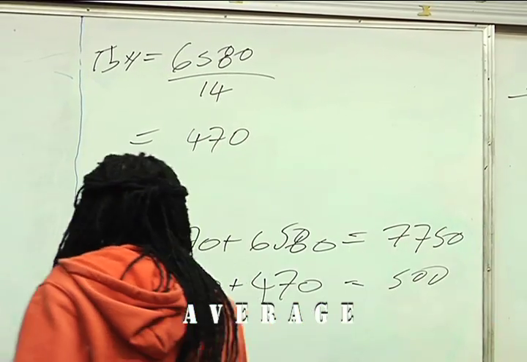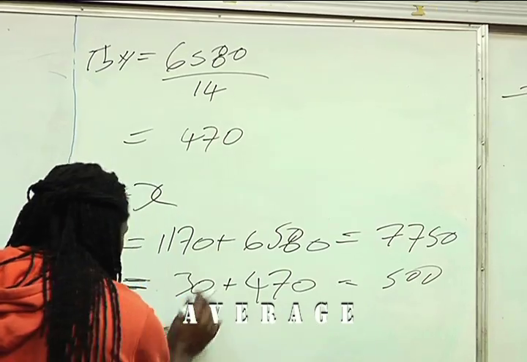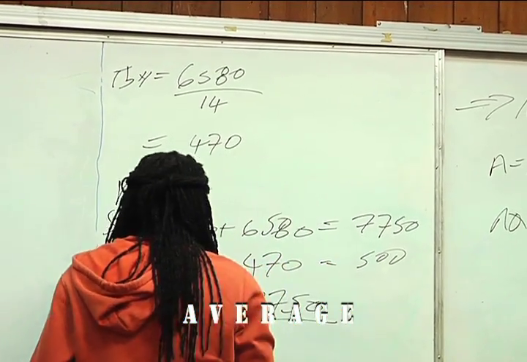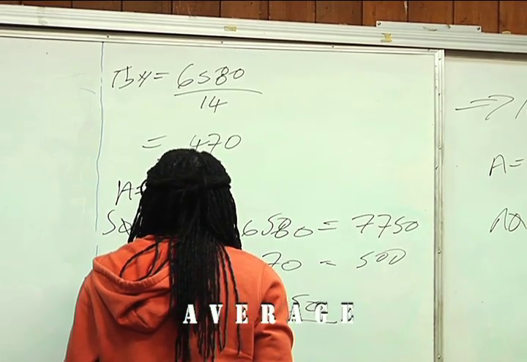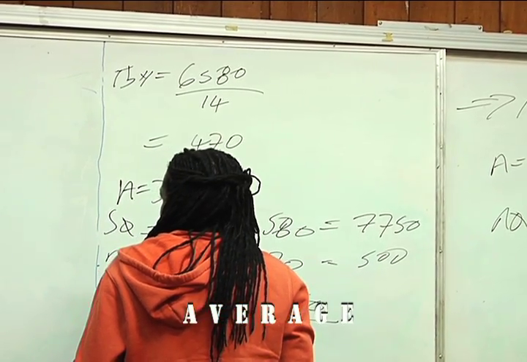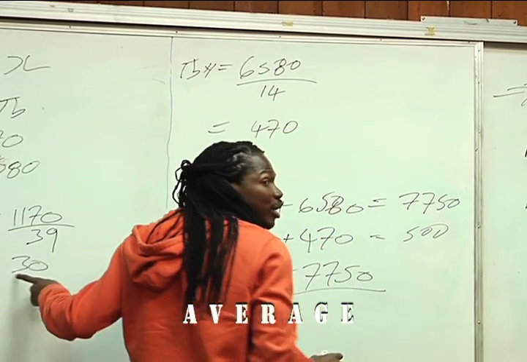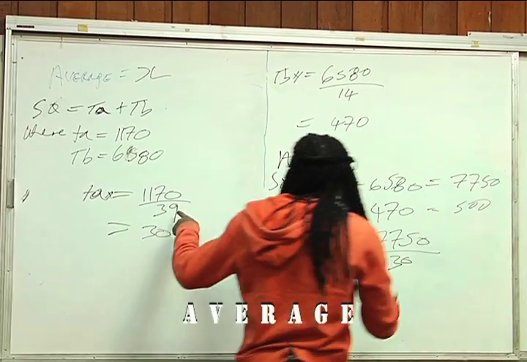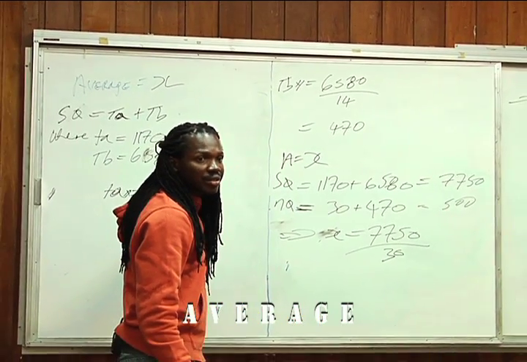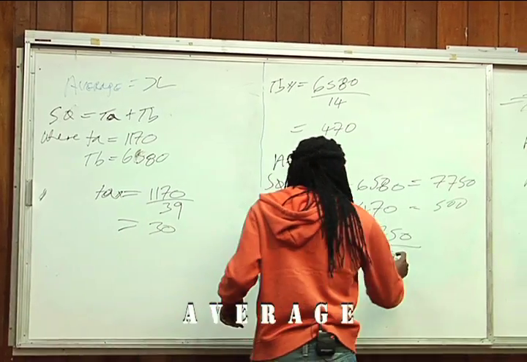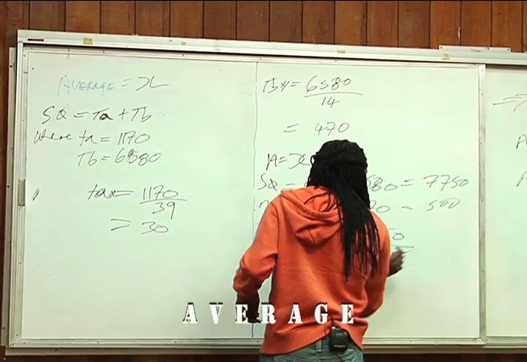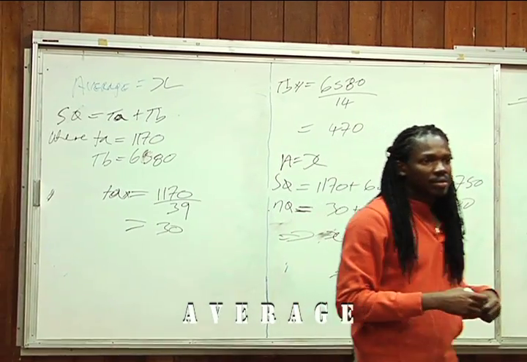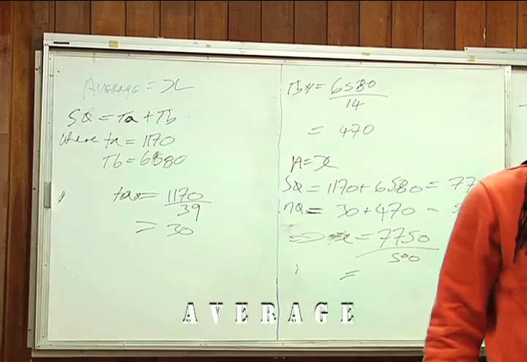So this implies that the average, which is X, equal to 7,750 over 500, which equal 15.5.